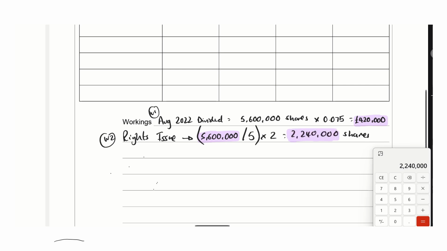So in total, we have issued 5.6 million shares originally, plus the 2,240,000 shares from your bonus issue. Now in total we have 7,840,000 shares issued. And again, write the word shares because this is the quantity. It's not in pounds. It's the quantity of shares.